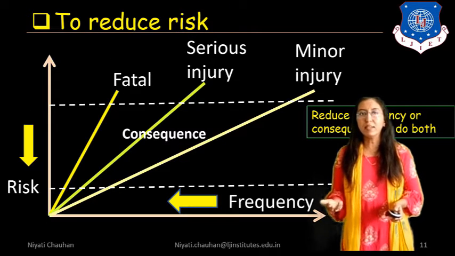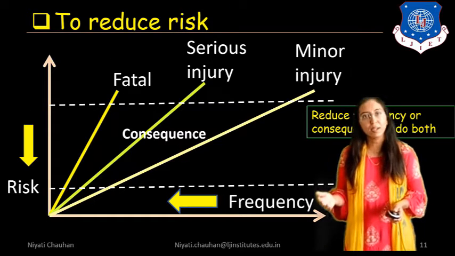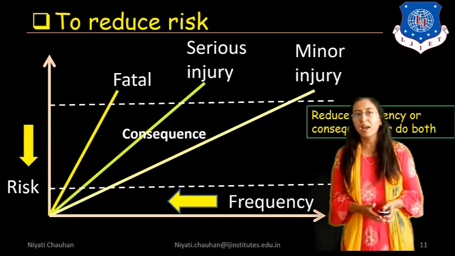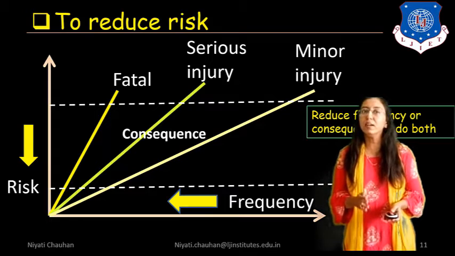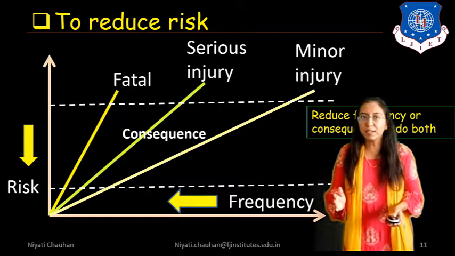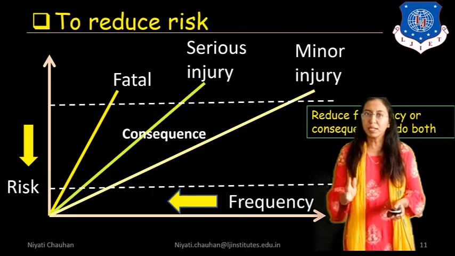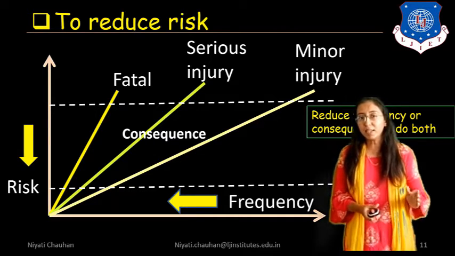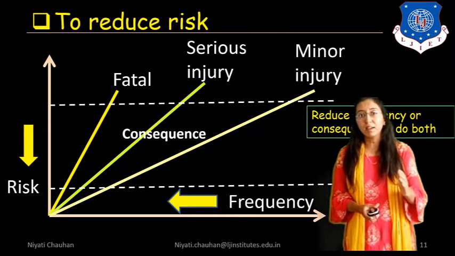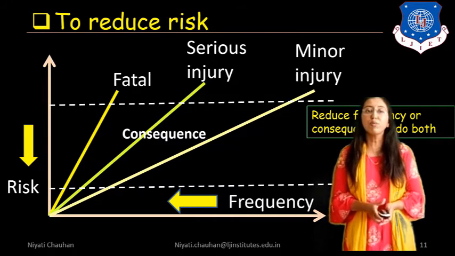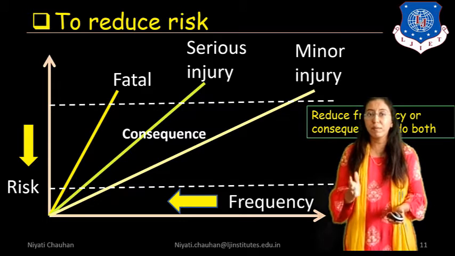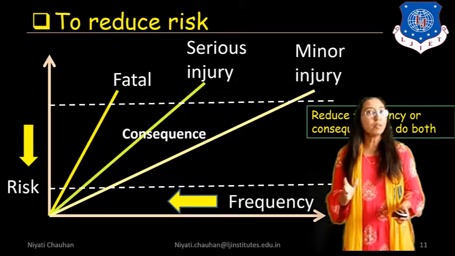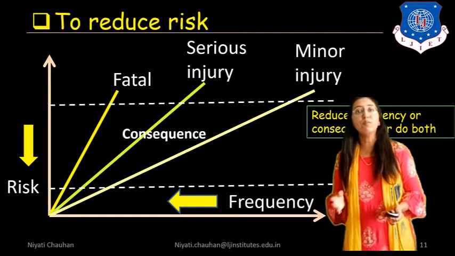So here you can see a graph of how to reduce risk. On the x-axis we have frequency, and on the y-axis we have taken risk, right? If we reduce frequency, then we can reduce risk. So for minor injury, we can see in the graph it is linear. Then for serious injury and for fatal, you can see frequency and risk are not in proportional form.